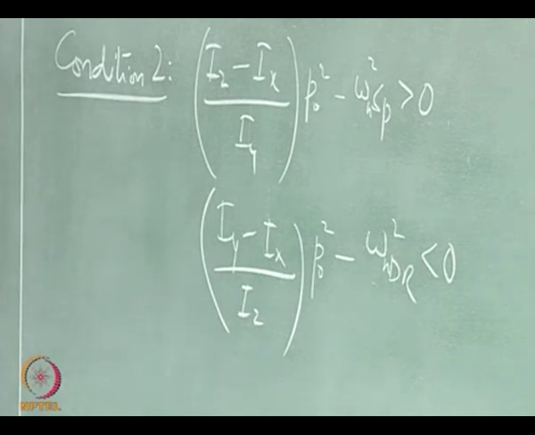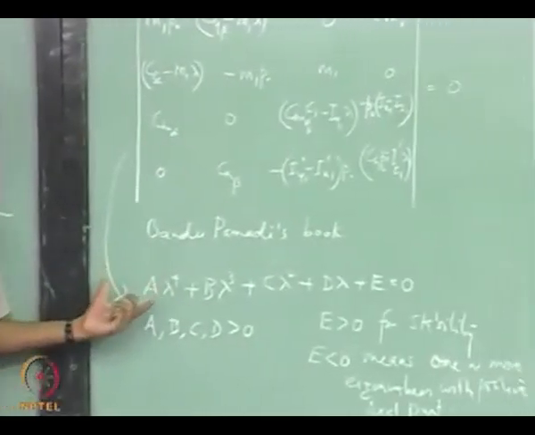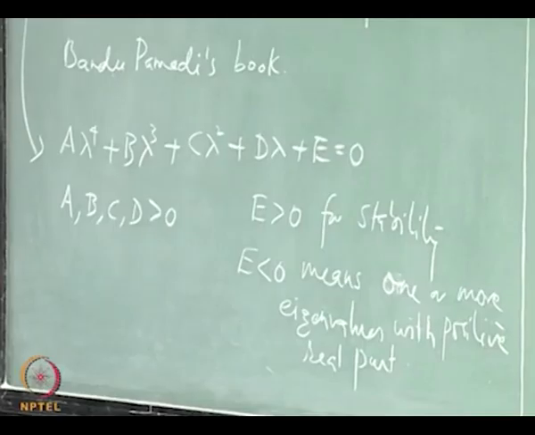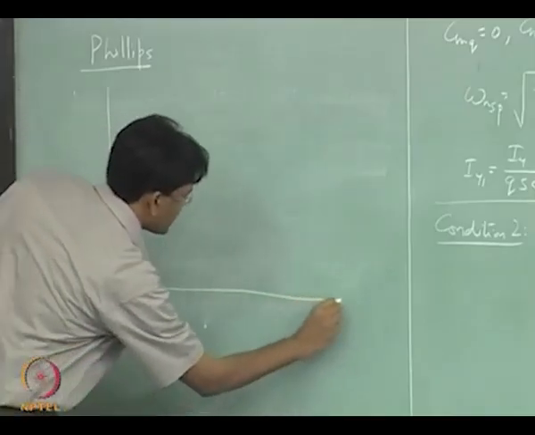So, rightly he arrived at an expression which is related to the inertia of the aircraft, and he found some stability boundaries using this criteria, right. So, what we have done is we have used Routh's necessary condition for stability and tried to find out the stability boundaries in terms of these parameters.